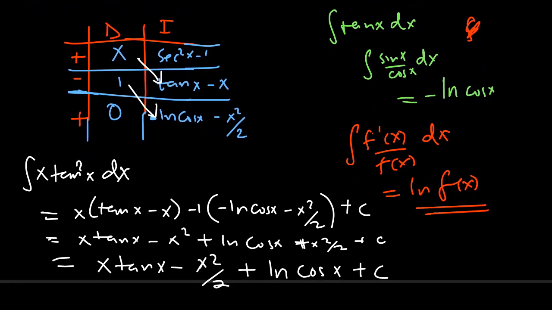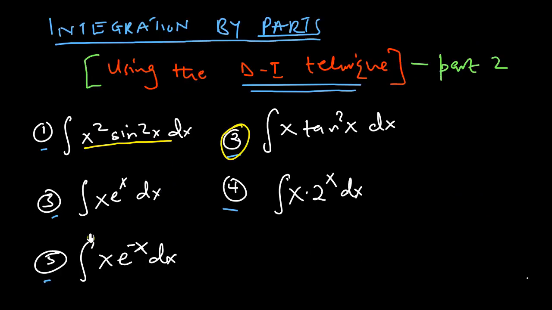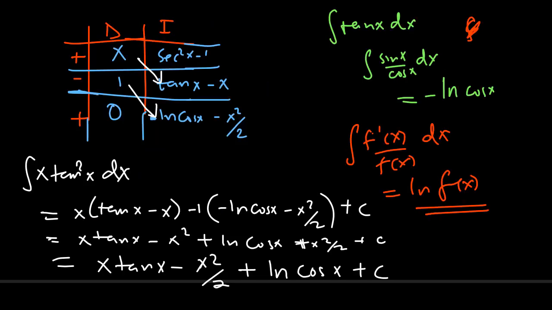Okay, I'll just go back to the previous page. Question number 3, we have the integral of x times e to the x. That looks shorter, so I'll erase this page. That's problem number 3, x times exponent of x dx.